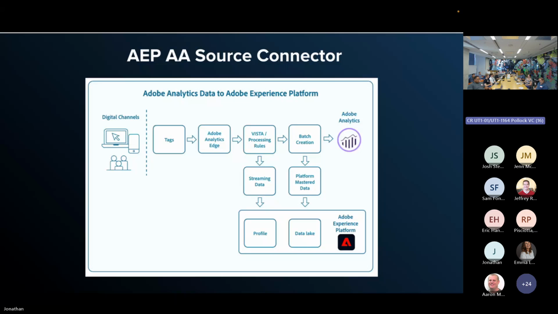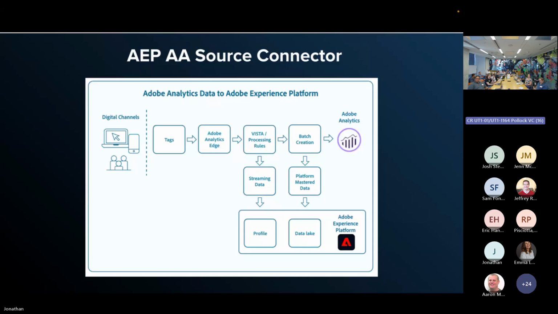You can see the top flow there. That's just a regular flow to Adobe Analytics. Then when you plug in the connector, which takes literally just a few minutes, it carbon copies and mutates the data from Adobe Analytics after it's been stored and puts it into AEP.